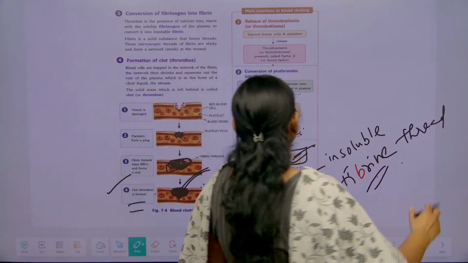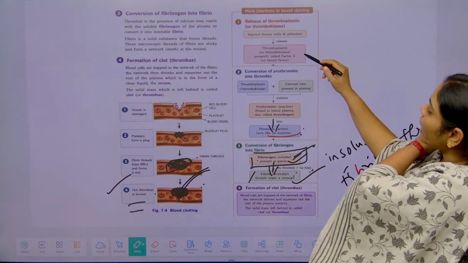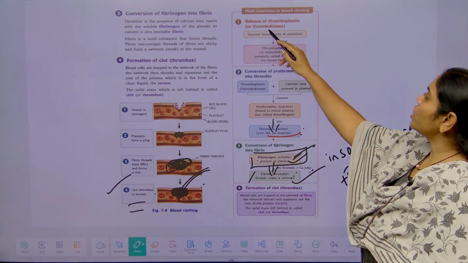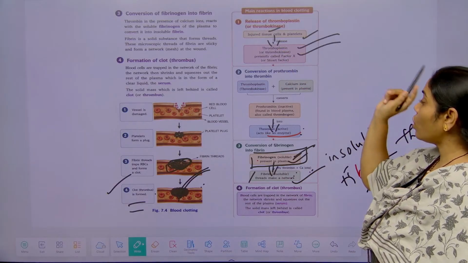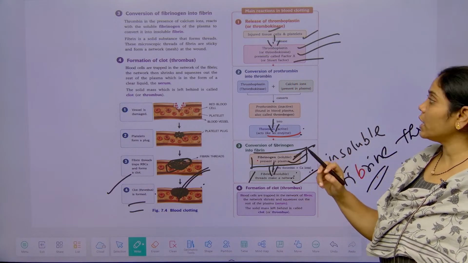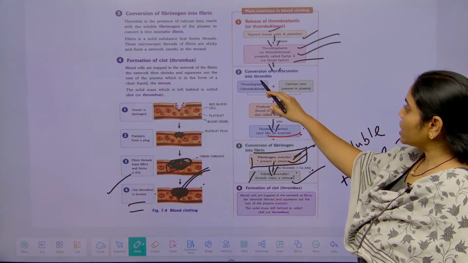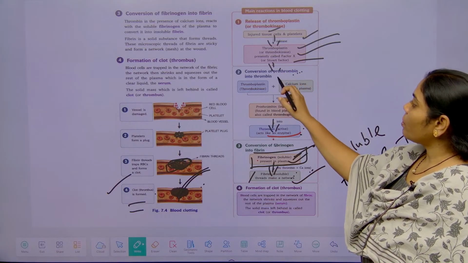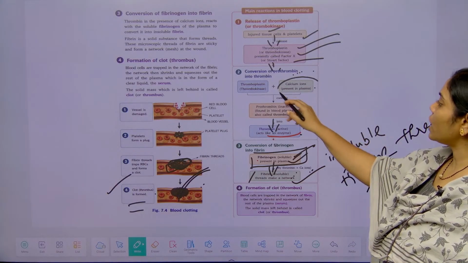One more time, see the process. Whenever an injury occurs, what happens? See, injured tissues and platelets start releasing what? Thromboplastin or thrombokinase. It is called as what? Factor 10 or start factor, and this thromboplastin converts prothrombin into thrombin in the presence of calcium ions.